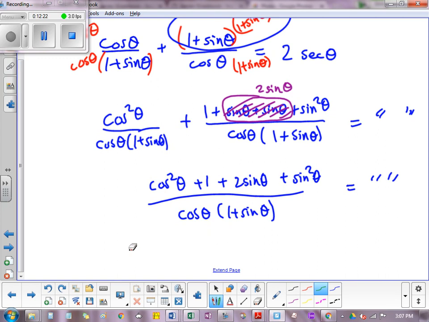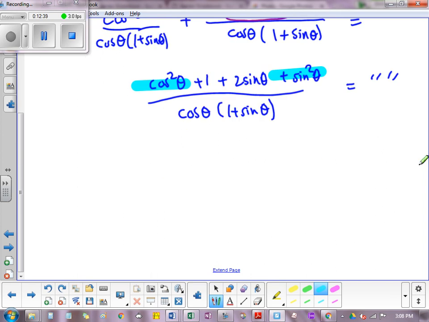Let's look at that top. My goodness, 4 parts. That's terrible. Wait a minute. I see a cosine squared plus sine squared. Ooh, that's 1, is it not? That's uno. Okay, so I have 1 plus 1 plus 2 sine theta.